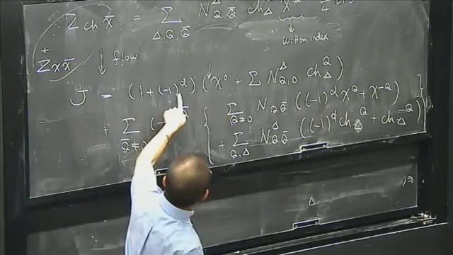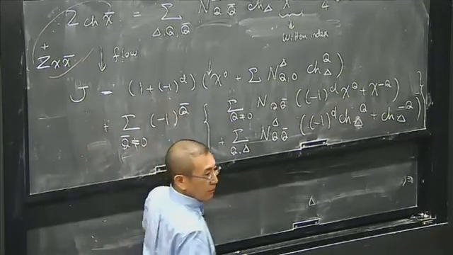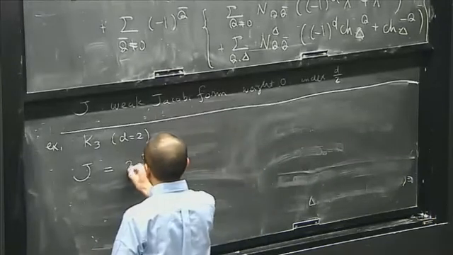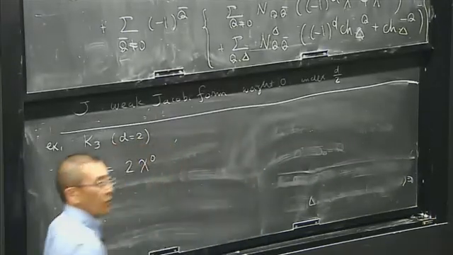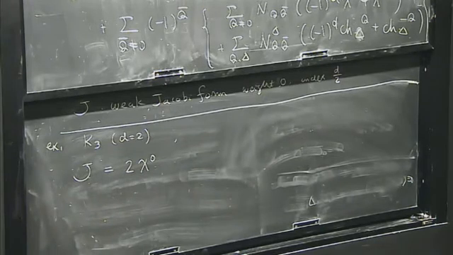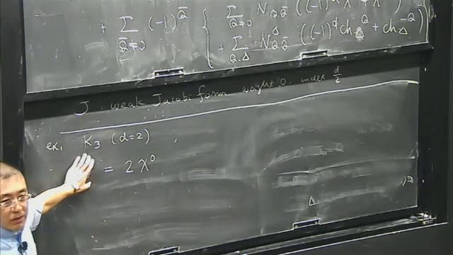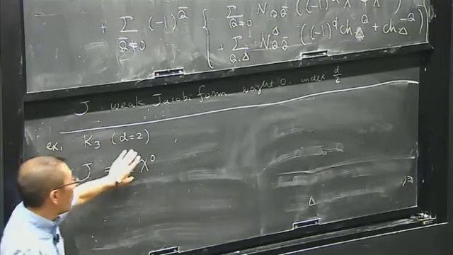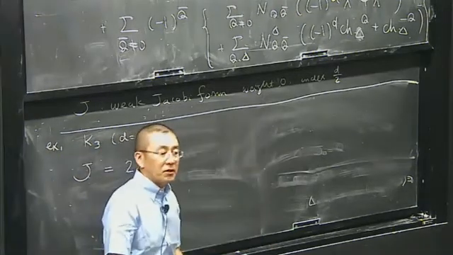In even dimension, the multiplicity is 2. So chi naught should always appear with multiplicity 2, and that completely fixes this one already. Once we know what it is, the rest can be completely determined.